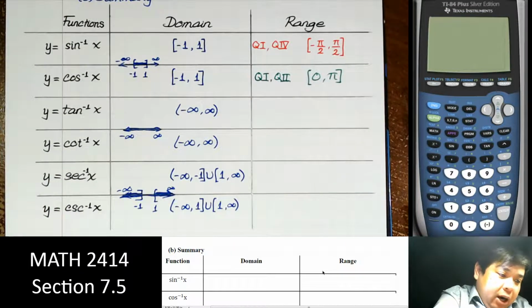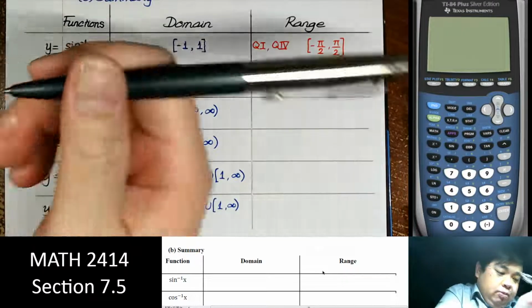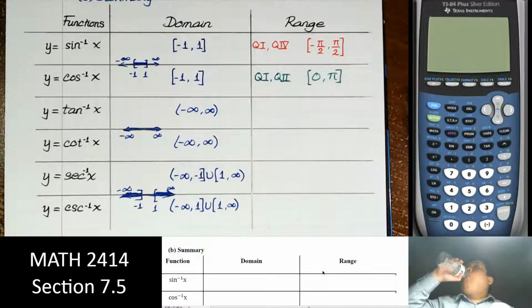Right. Tangent inverse and cotangent inverse. Tangent inverse is going to be similar to sine, and cotangent inverse is similar to cosine.